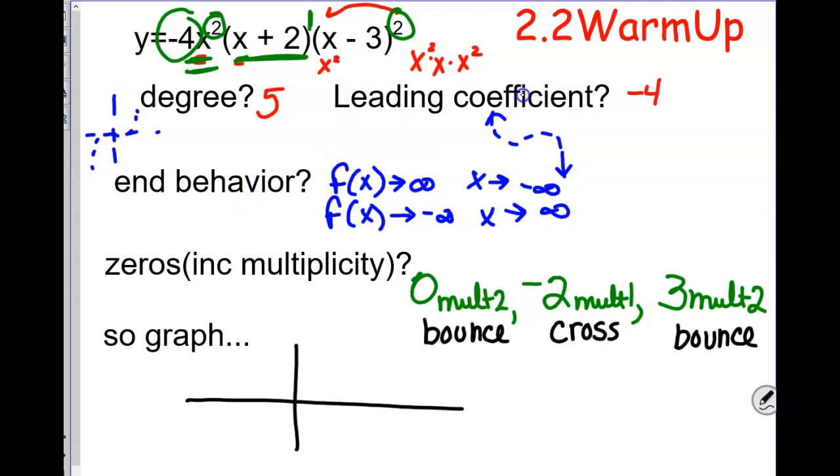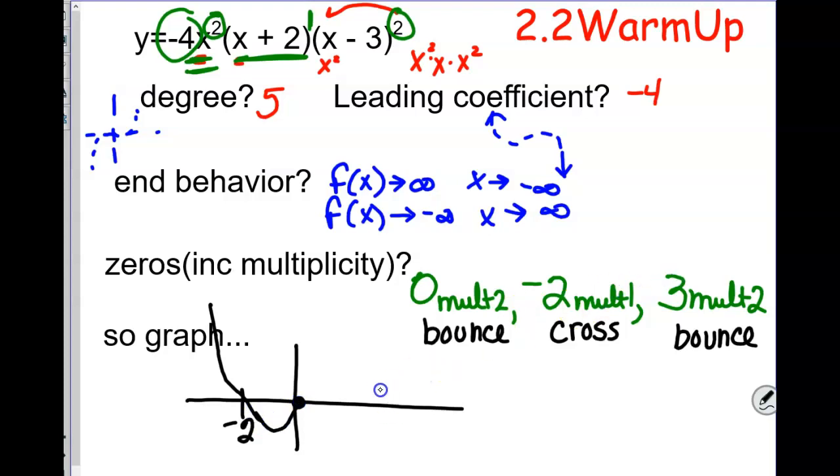Okay, it's coming down from the top left, yes. What is the furthest left 0 we discussed? -2, right? Comes down, and what does it do at -2? Crosses. Then the next 0 over to the right would be 0. And what's it supposed to do there? Bounce.